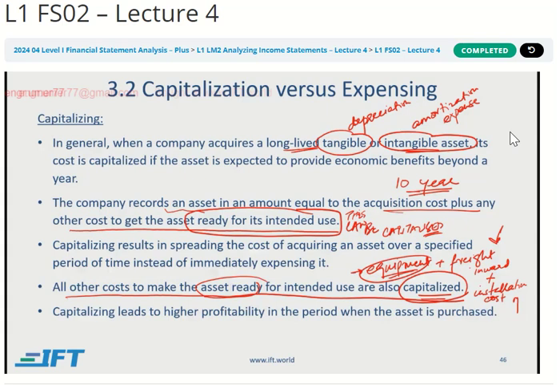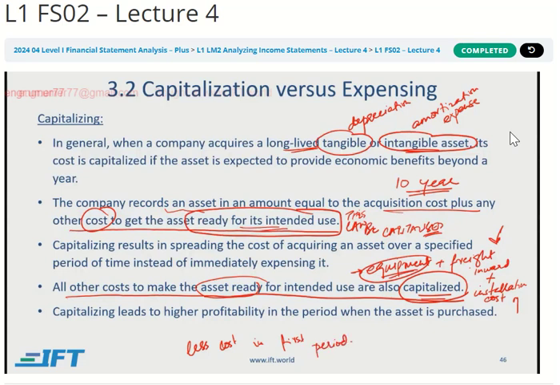But they cannot capitalize everything. They can only capitalize what the accounting standards allow, and the accounting standards do allow you to capitalize the cost incurred to get the asset ready for its intended use, which includes freight inward, which includes installation cost. And why would companies want to do that? Well, matching principle, because they want to spread the cost across the number of years, which means there will be less cost in the first period, right?